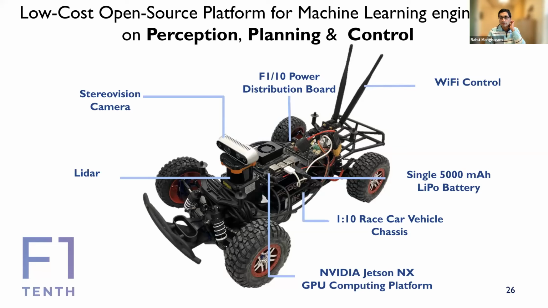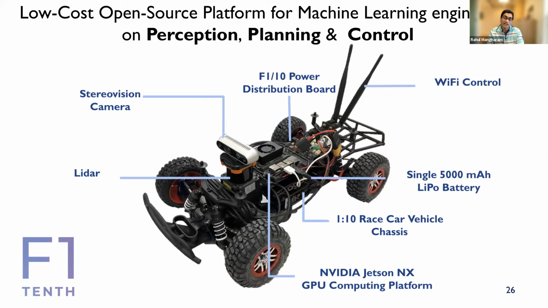There's a power distribution board because there are many voltages, and that's all the nitty-gritty stuff that we've taken care of for you. And it has Wi-Fi on board, and then there's a LiPo battery, which reminds me that when you get on the hands-on course in the lab, we'll give you a short tutorial on LiPo safety. That's really, really important.